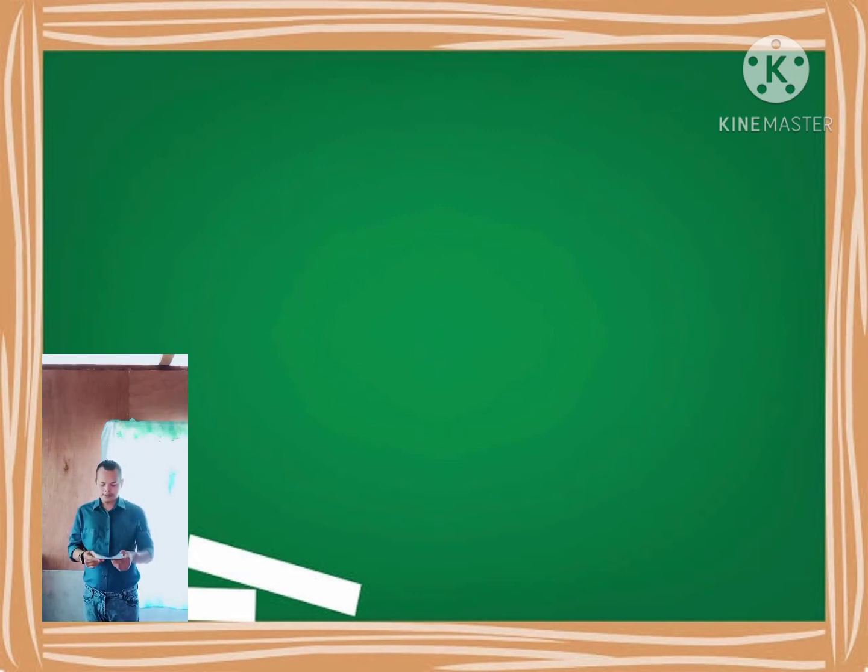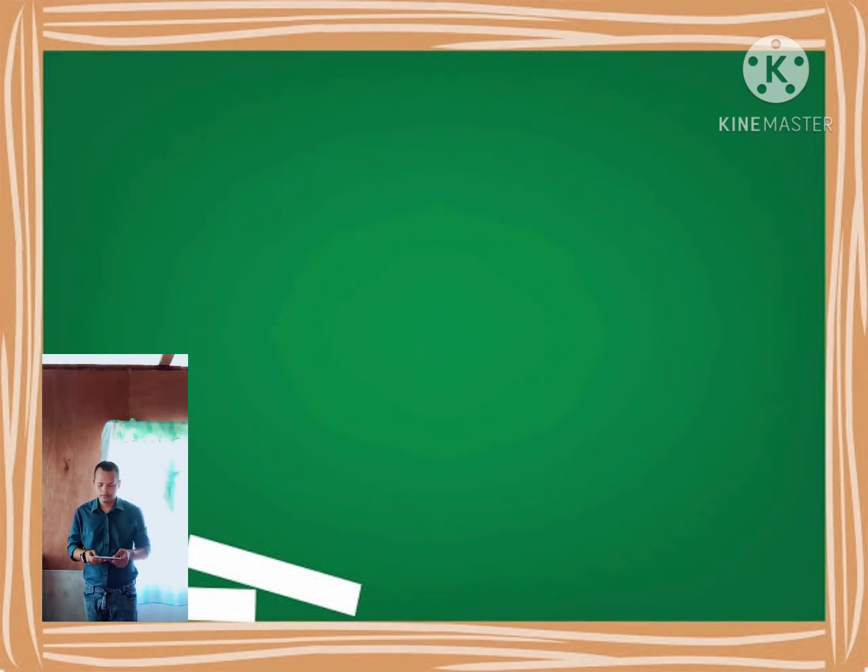A prefix goes blank of a word. A. At the beginning. B. At the end. C. At the middle.